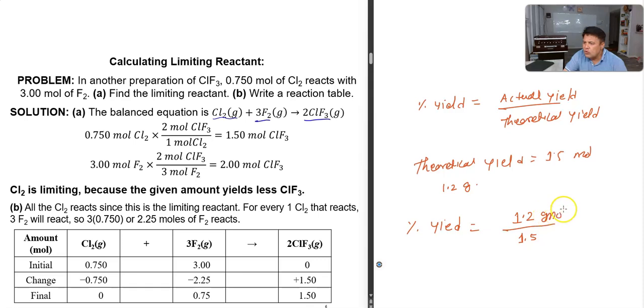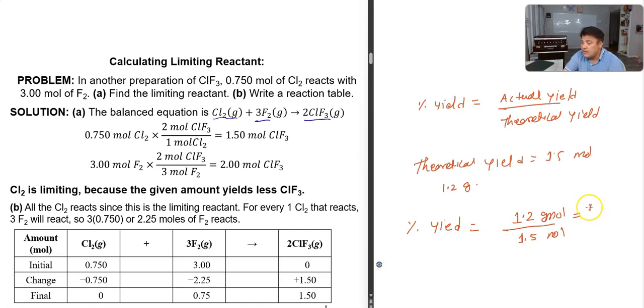Let's say this is mole, this is also mole. Just multiply by 100, or convert into grams, which is better. However, the gram multiplier cancels, it's the same thing. So 1.2 by 1.5, how much is that?